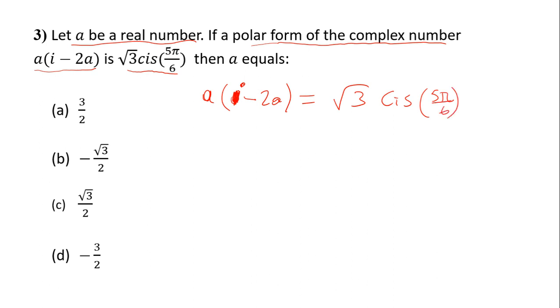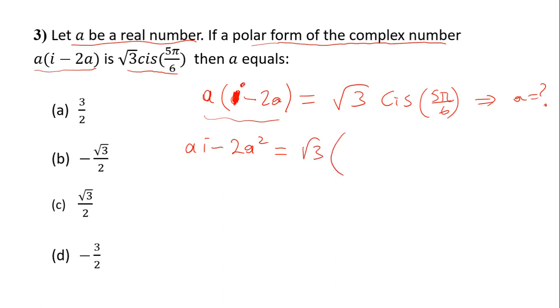So then we will calculate a. Now we have to expand this one and match.